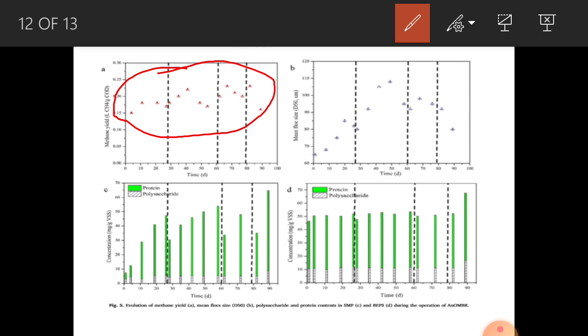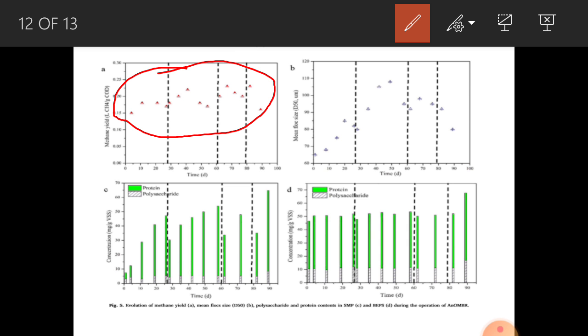The methane production ranges from 0.18 to 0.23 liter per gram COD, which is consistent with previous studies by the author. But they also said that this value dropped to 0.16 liter when the drugs were added. This implies inhibitory effects of the cytostatic drugs on the production of methane.